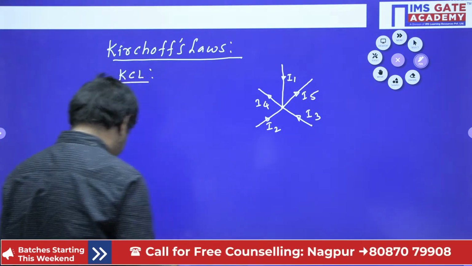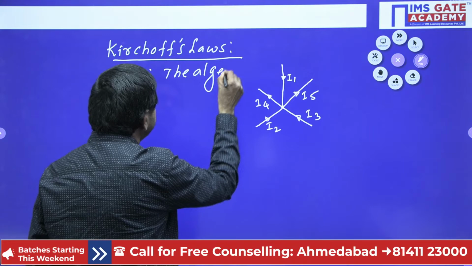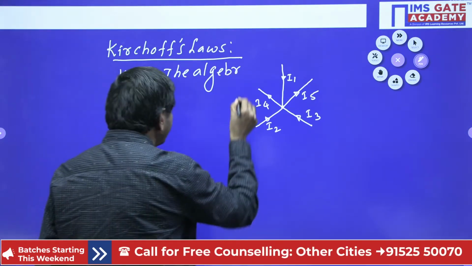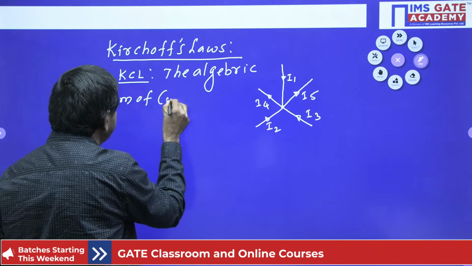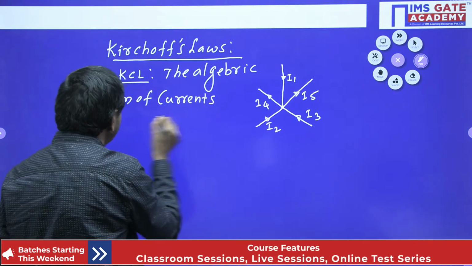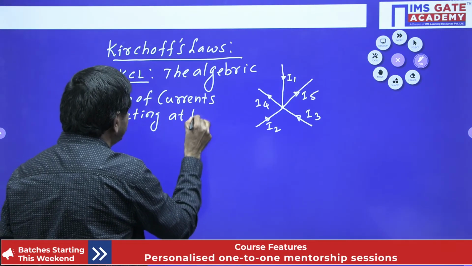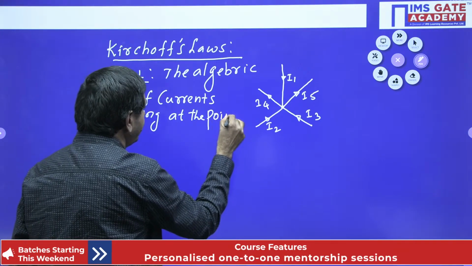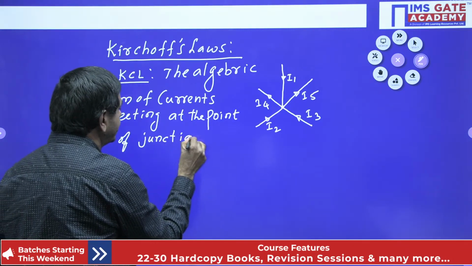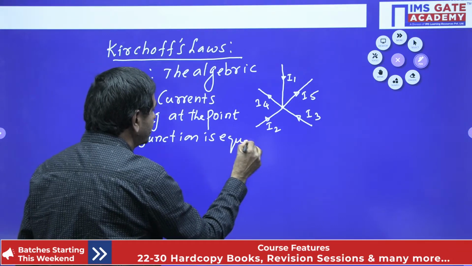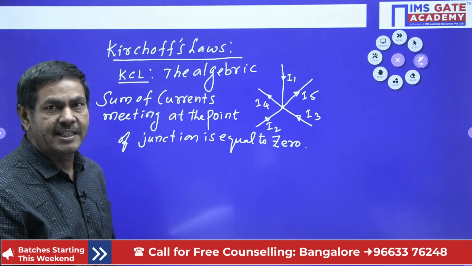In this case, we can write this theorem now: the algebraic sum of currents meeting at the point of junction is equal to 0. This is Kirchhoff's current law.